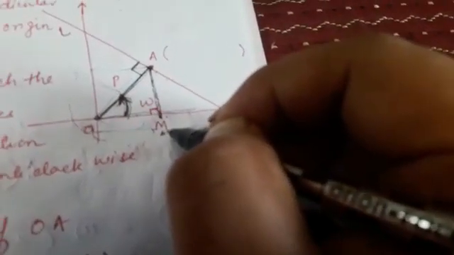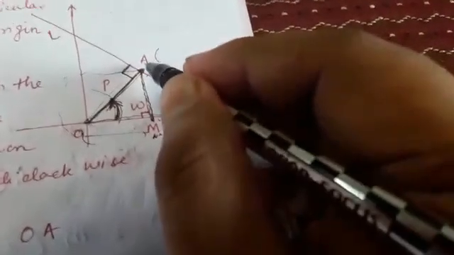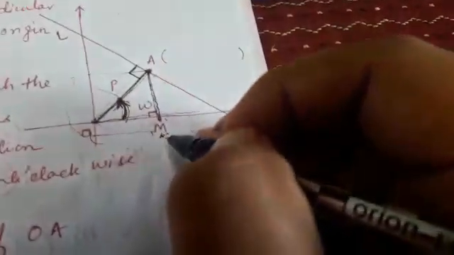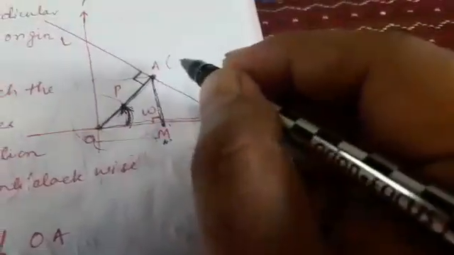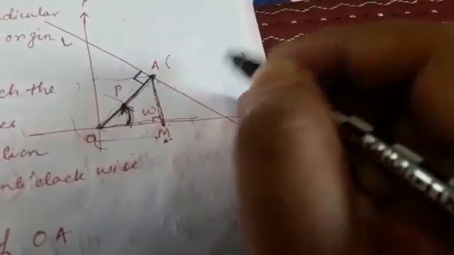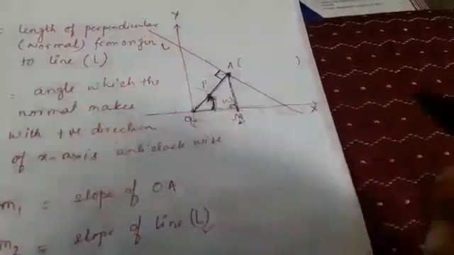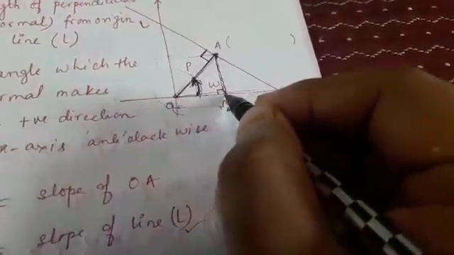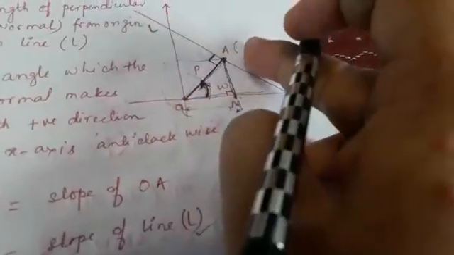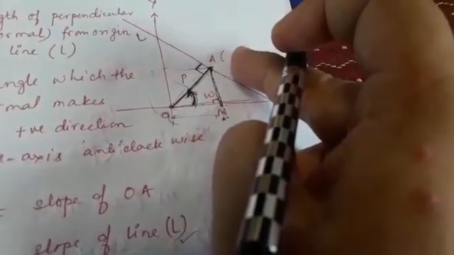So this M, whatever it may be, will be the x coordinate of this point A. The OM distance gives the x coordinate, so if this distance is 3, the x coordinate of A will be 3.